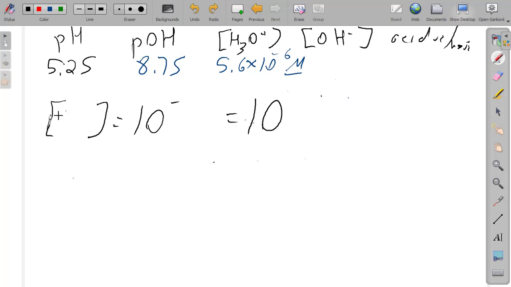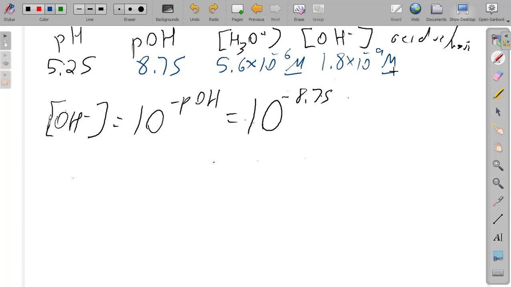And so if I want the hydroxide ion concentration, it's going to be 10 to the negative pOH, which we already had there. So that's going to be 10 to the negative 8.75. And again, 2 decimal places means 2 significant digits. And so when you calculate this on your calculator, you should get a rounded answer of 1.8 times 10 to the minus 9. And don't forget, because it's concentration, to put molar on there. 1.8 times 10 to the minus 9 molar.